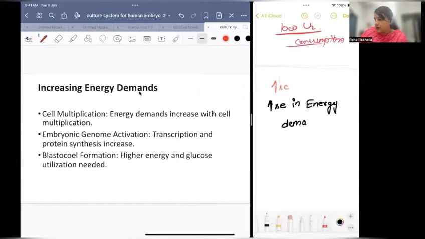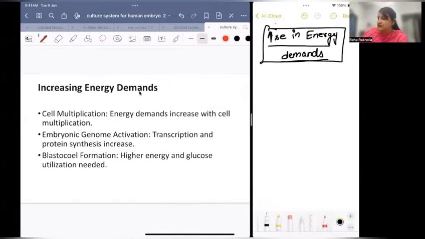We'll talk about how there is an increase in the energy demand. First is post compaction. There is embryonic genome activation. In this, there is transcription and protein synthesis. That's why there is increased demand.